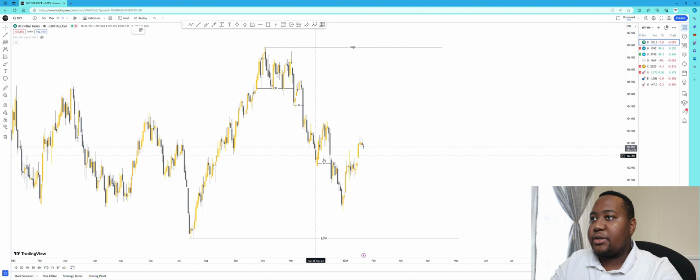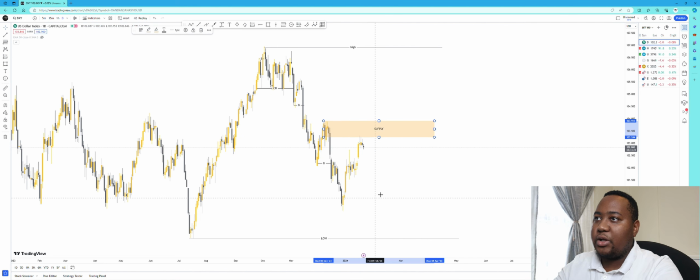The move that facilitated this break of structure was this here, and of course we can take the last structure over there. Let me just take it. There we go. Just going to take the last candle over there, and then we stretch it across. That is the supply that's actually affecting the market to now go down.